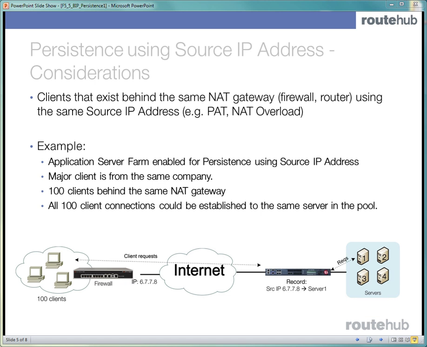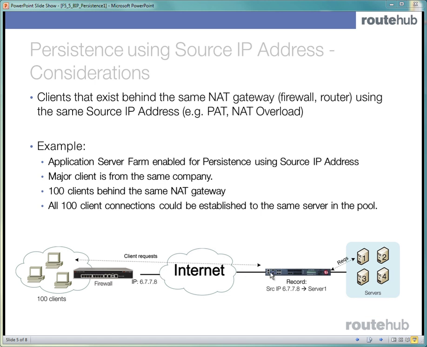So let's say that there are 100 clients behind this firewall and they are accessing the web farm. When they are communicating through this firewall, its address will be translated to the IP of 67.78. This is the source IP for all clients that are initiating connections through the firewall.